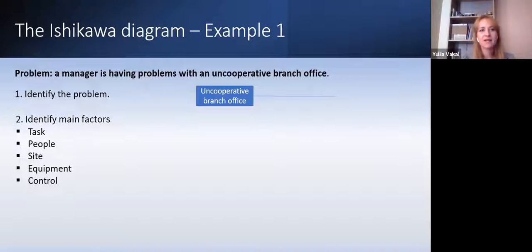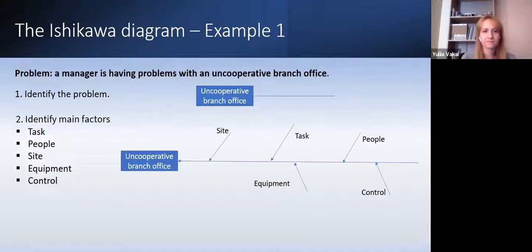Then the main factors, the categories, you remember the categories we had. In this case, we have five: task, people, site, equipment, control. These are very high-level factors, very high-level categories.